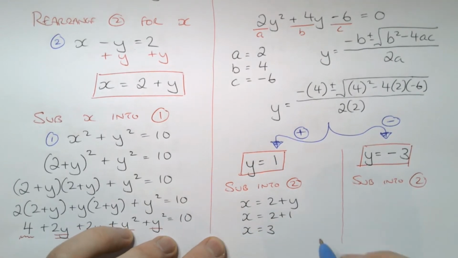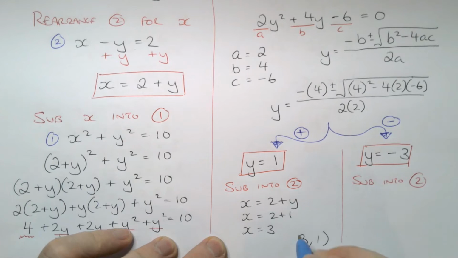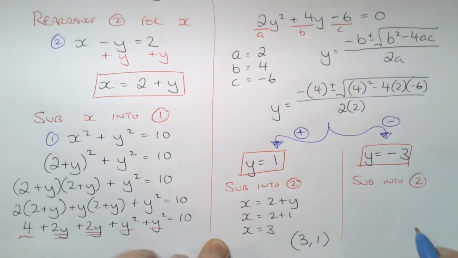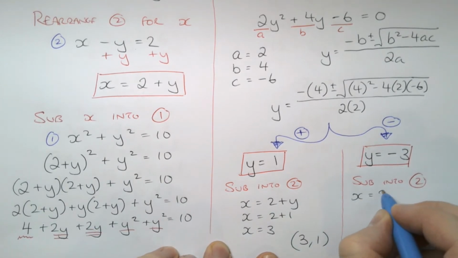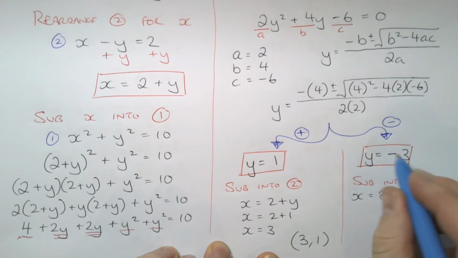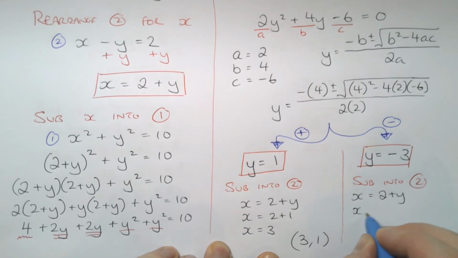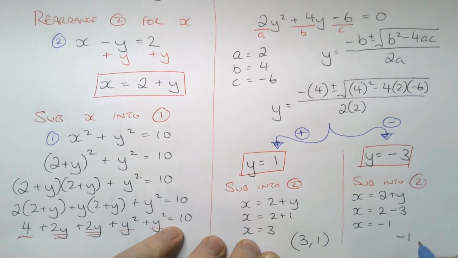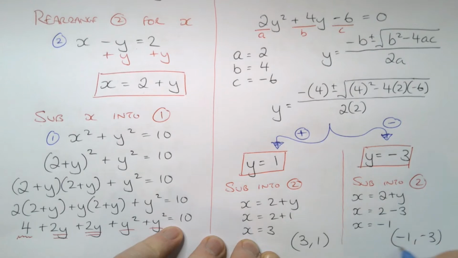So my answer for this one is 3, 1: 3 for the x, 1 for the y. Here I did the same again, x equals 2 plus y, but I'm going to put in this y value. So x equals 2 minus 3, x equals negative 1. So my answer on this side is negative 1, minus 3.